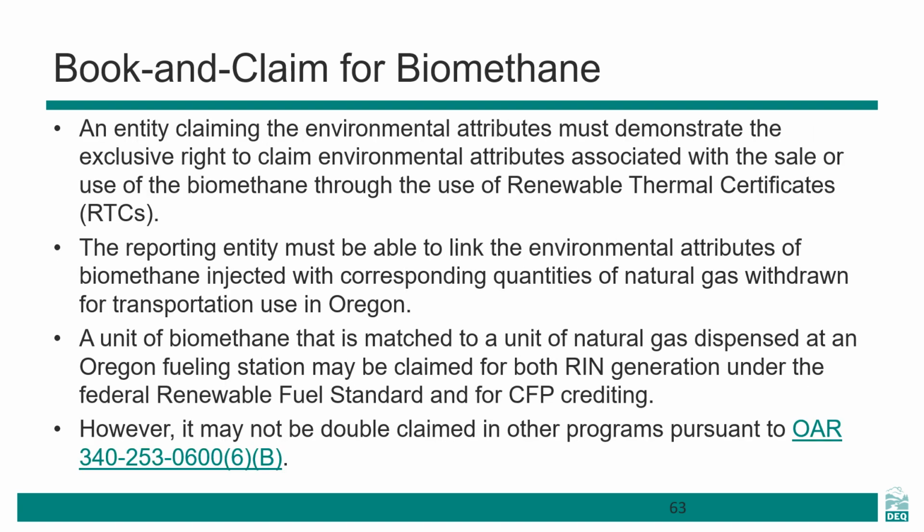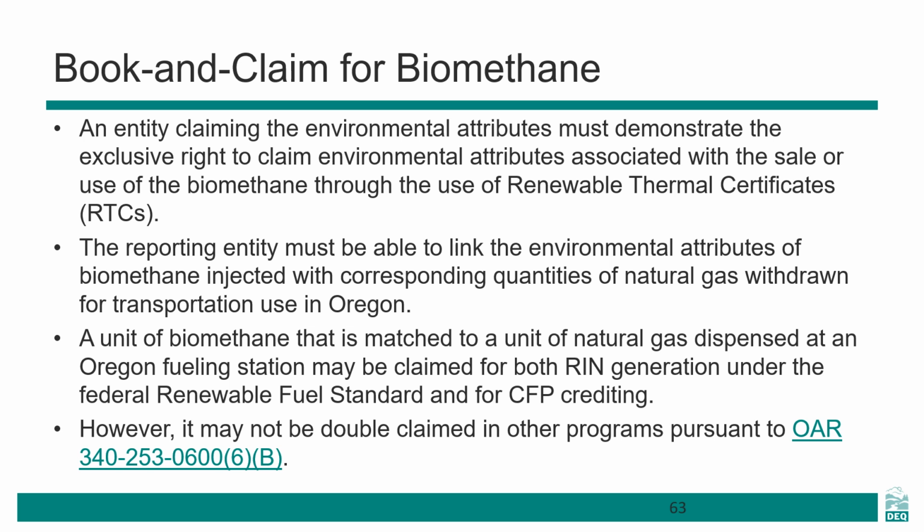An entity claiming the environmental attributes for renewable natural gas must demonstrate an exclusive right to claim them associated with the sale or use of biomethane through the use of renewable thermal certificates here in Oregon. The reporting entity must be able to link the environmental attributes of biomethane being injected with the corresponding quantities of natural gas withdrawn for transportation use here in Oregon.